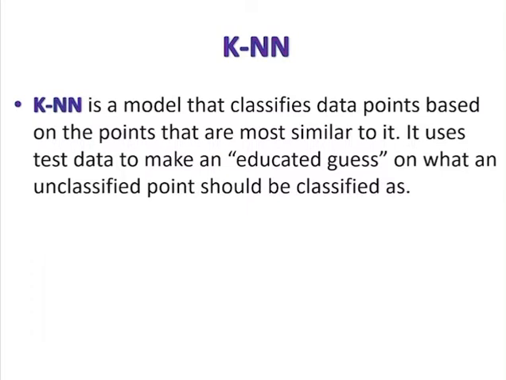The KNN can be trained on the past data, to figure out how to use that on the test data, like new data, to make what I call an educated guess on where to classify the applicants. The applicant is either to be approved for a credit card or not.